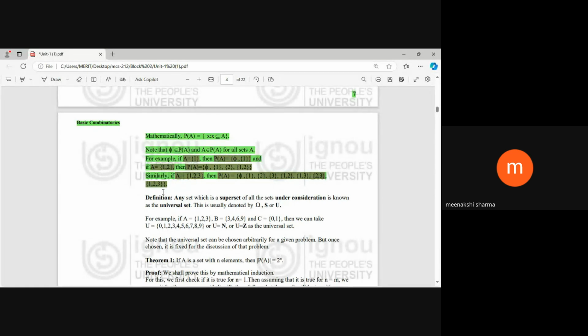Understand, students, what is a power set? These are three examples of power set, students.